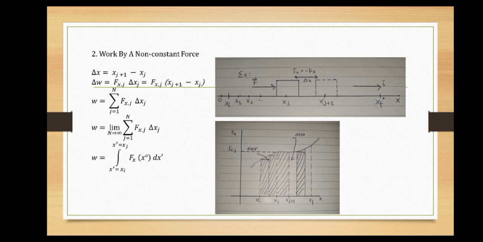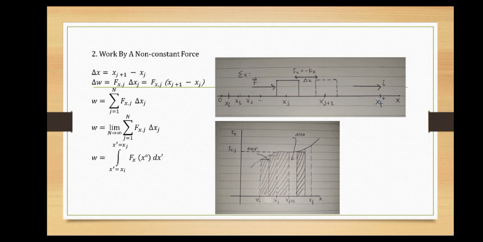The problem here is how we will cut this interval. So we need to consider the limit as the number of pieces becomes infinite. What we're doing is making the displacement smaller and smaller, and taking this sum from j equal 1 to n of Fx of j times delta xj.